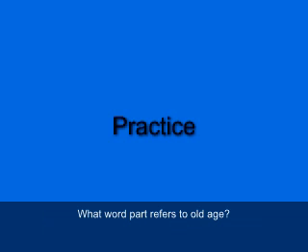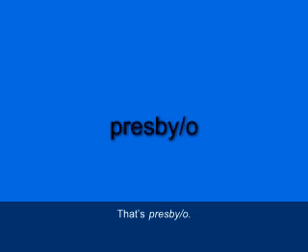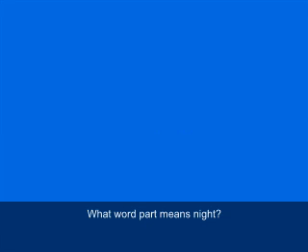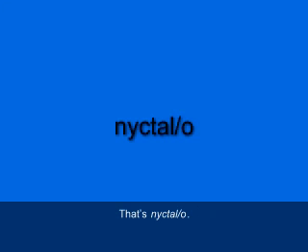Okay, now we're going to do some practice with these. What word part refers to old age? That's presbyo, P-R-E-S-B-Y/O. What word part means night? That's nyctalo, N-Y-C-T-A-L/O.